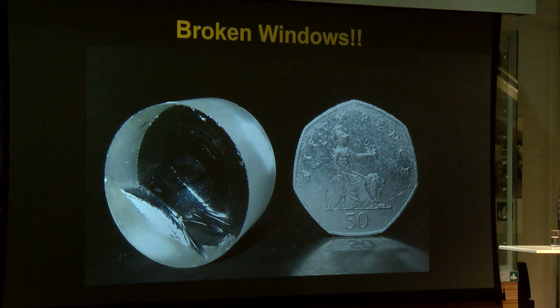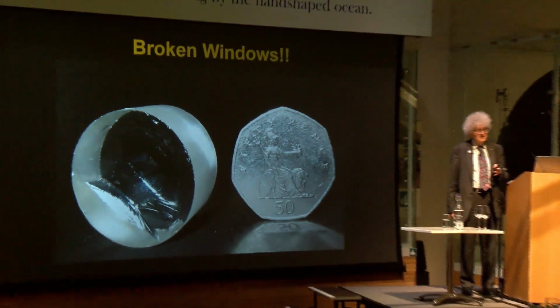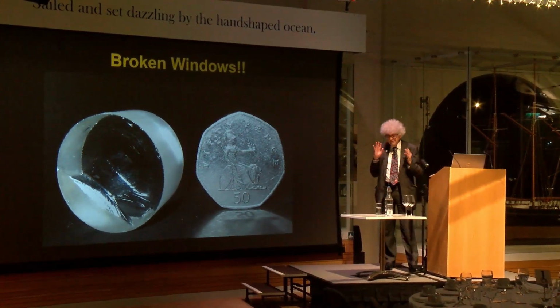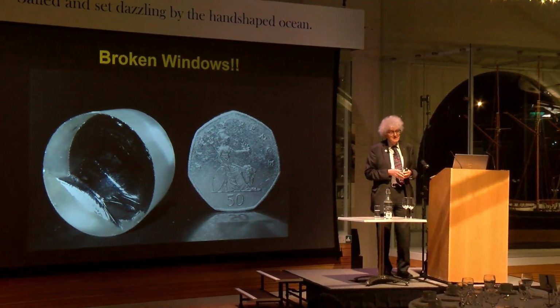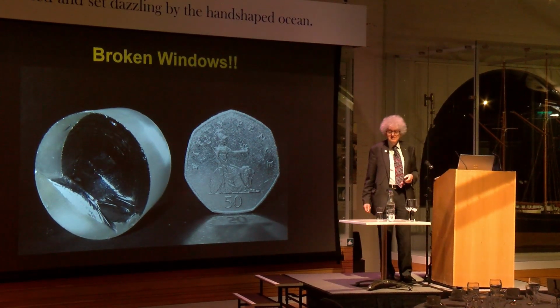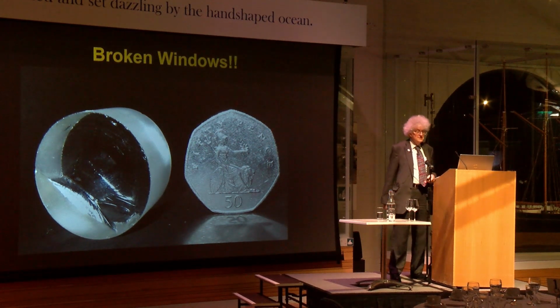And he managed to break 2 windows in one morning, which cost the entire budget for his year's PhD was lost in the morning. And so it became clear to me that we needed more funding if we were going to go on with supercritical fluids. And then came the second chance event.